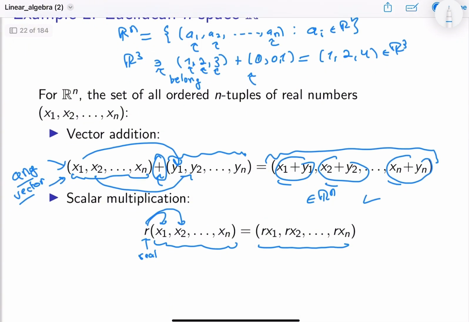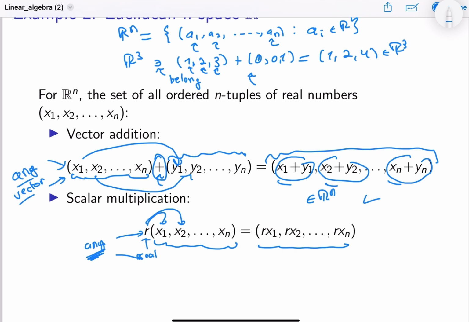What about closure under scalar multiplication? Is it true? Well, of course it is, because similarly, if you start with any, I stress, any real number, you don't check it, for example, for the number 2. You do the proof in a more general way.